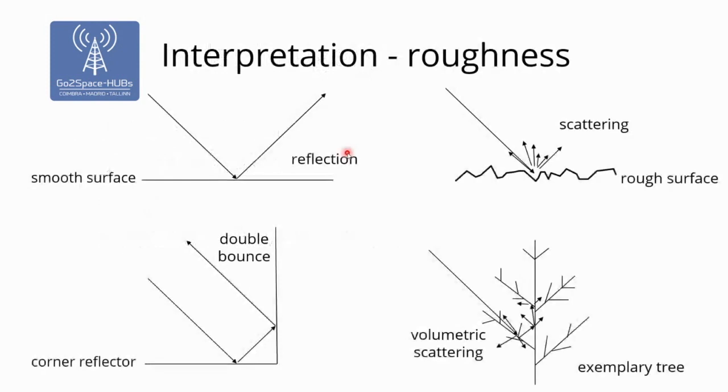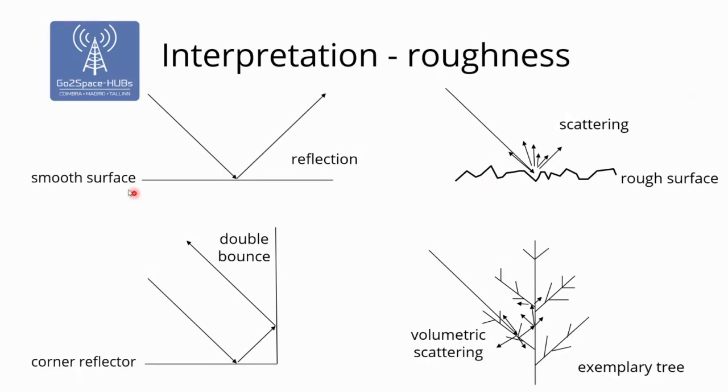About this roughness, why it is important. Here we can see how different geometric properties of the object might affect the reflectance. What is very important is that, due to those geometric differences, we always take this image from the side. We call it side-looking radar, SLR.